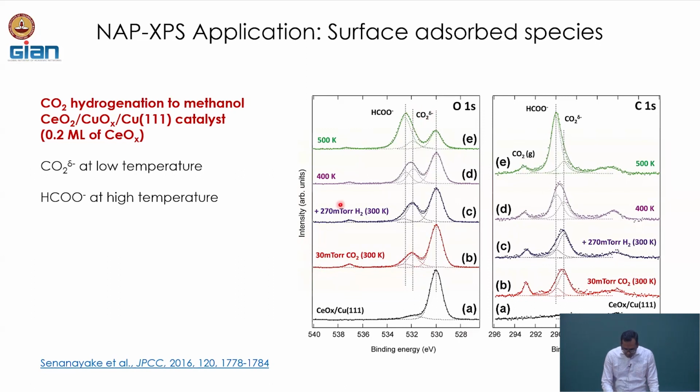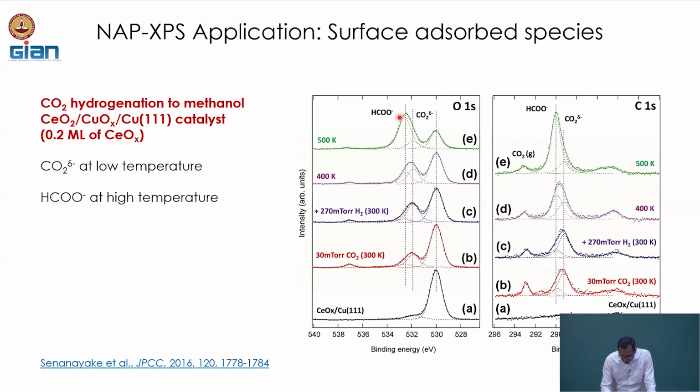After that we incorporated, in addition to this 30 milliliter of CO2, some 270 milliliter of hydrogen at the same temperature, 300 Kelvin. So now we have a CO2 to H2 ratio of 1:9, and the total pressure is 300 milliliter at present. At 300 Kelvin, which is close to room temperature, we have mostly the CO2 species adsorbed on the surface and a little bit of formate.